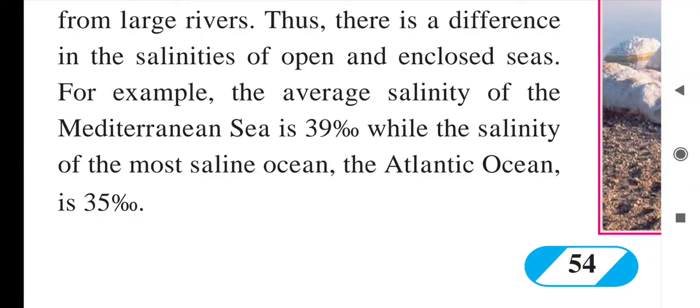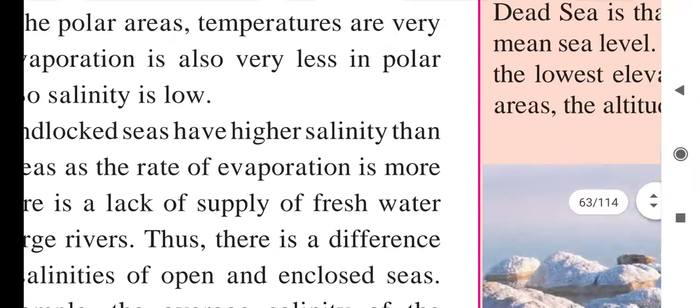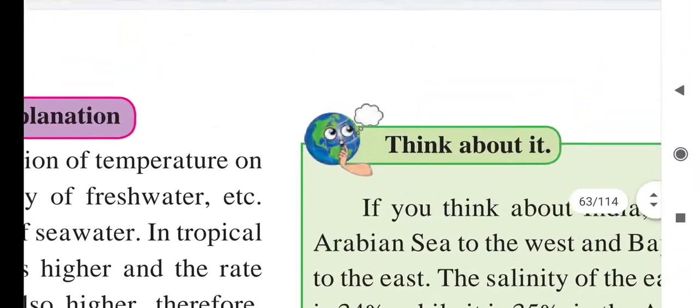The reason is that the Mediterranean Sea area is closed, land is there on all sides, so we cannot find more fresh water, and due to that salinity is more in the Mediterranean Sea. How I will show you here, the Mediterranean Sea.